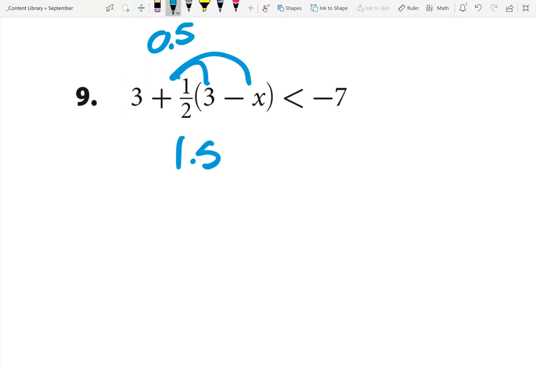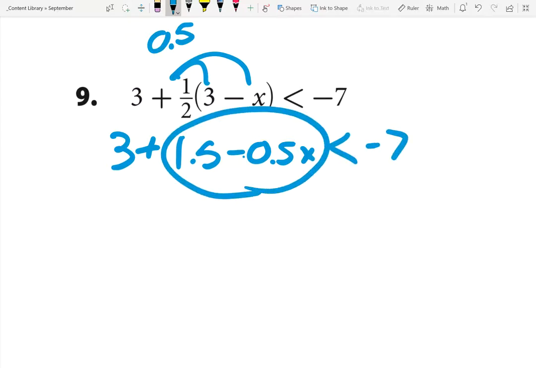And then 1/2 times negative x is just negative 1/2 x, or negative 0.5x. Now we can still have this 3 plus at the beginning, and we can still have less than negative 7. But I took my 1/2 and multiplied it into the parentheses to get that 1.5 minus 0.5x.